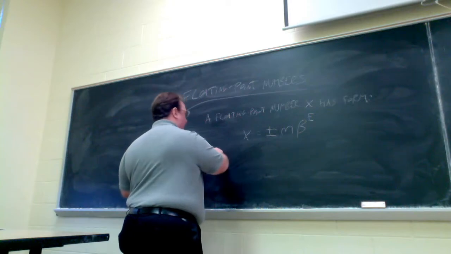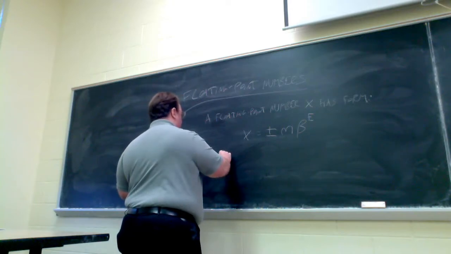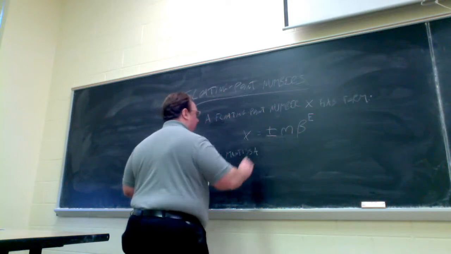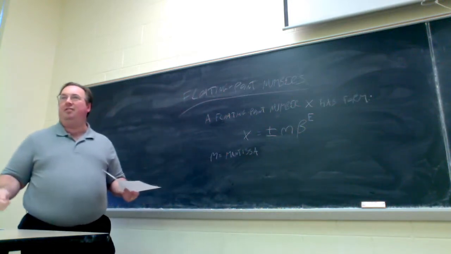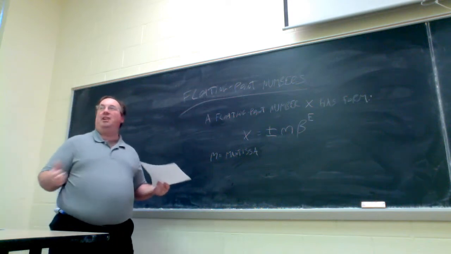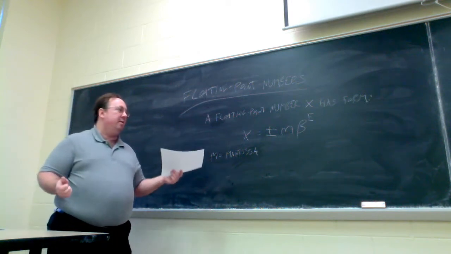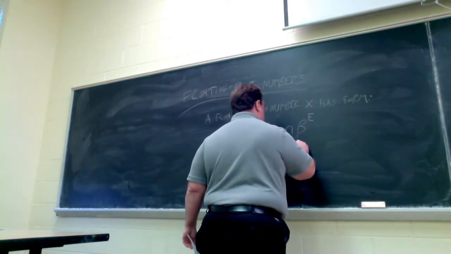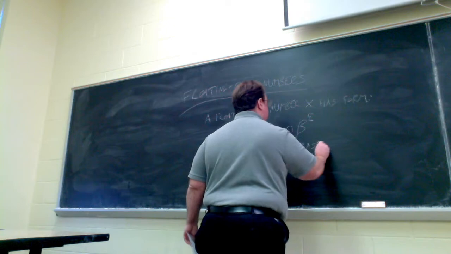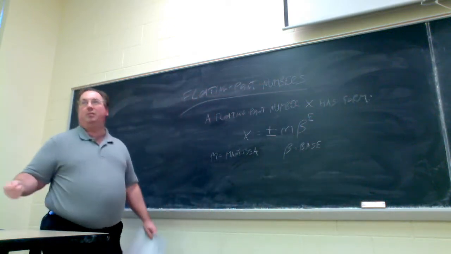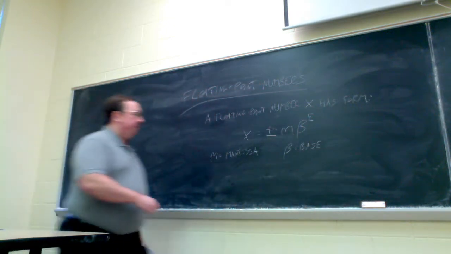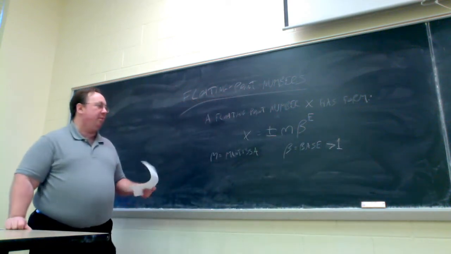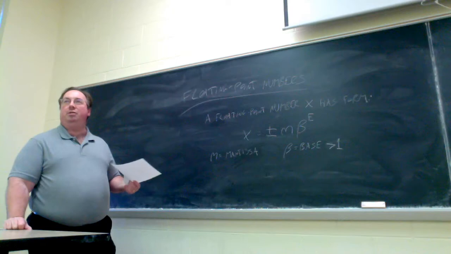Where m is called the mantissa, essentially where the significant digits of the number go. And it's going to be similar to scientific notation, especially if this value, beta, which is called a base, is equal to 10. We could use whatever base greater than 1 for beta. And for computers, we're interested in beta equal 2.